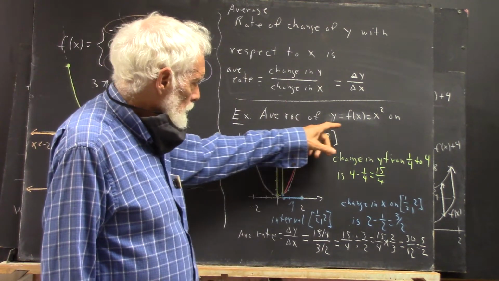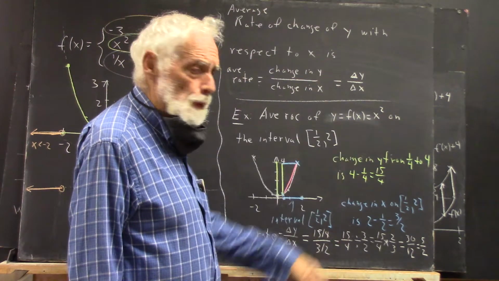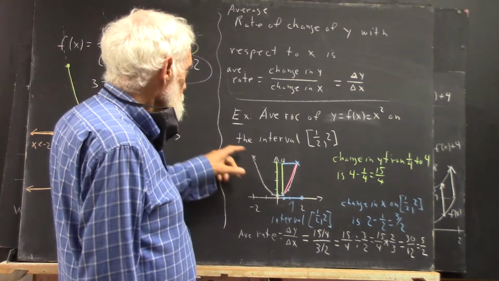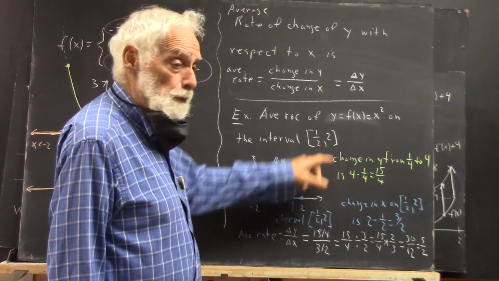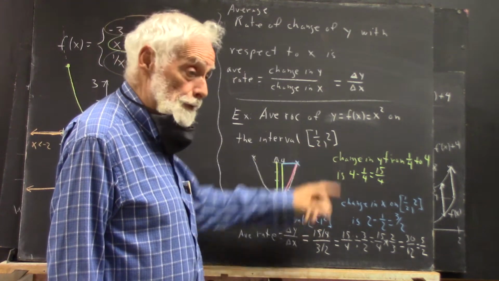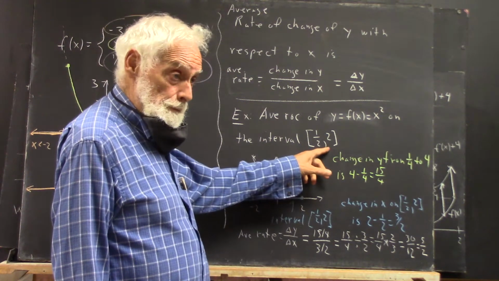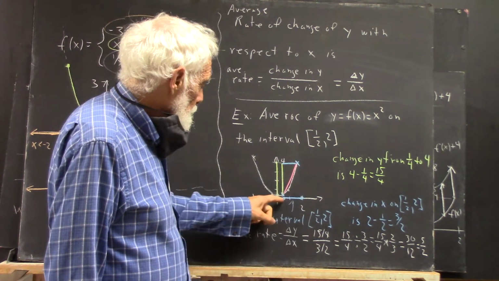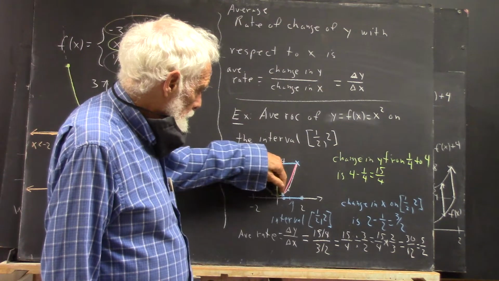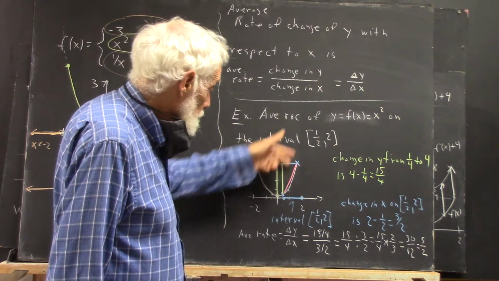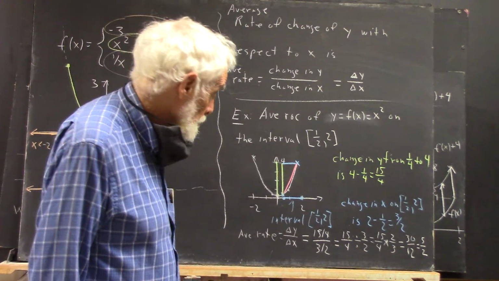Find the average rate of change of y equals f of x equals x squared, for example, on the interval 1/2, 2. The closed interval from 1/2 to 2. Now, this is the x interval. It can be depicted on a graph of the basic x squared function.